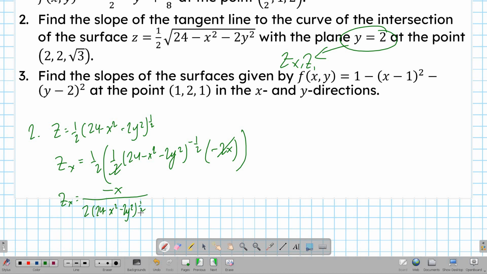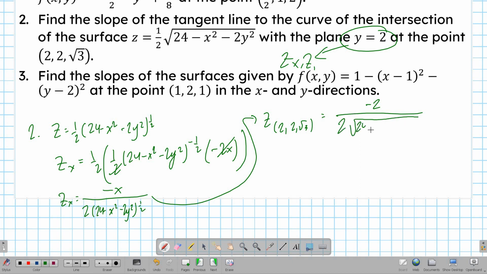Now, if we want to find the slope of this at the point 2, 2 square root of 3, therefore this becomes negative 2, that's negative x, over 2 times the square root of 24 minus 2 squared minus 2 times 2 squared.